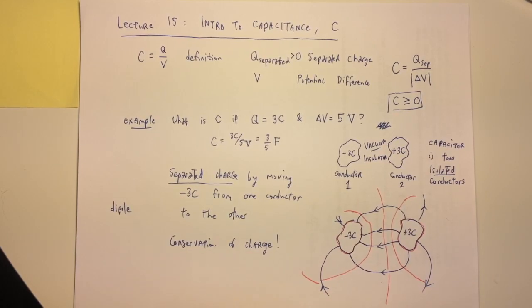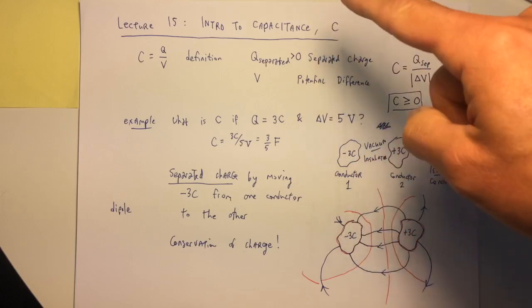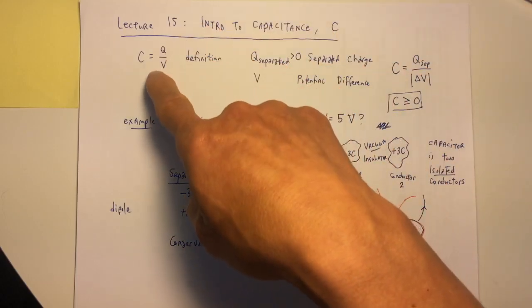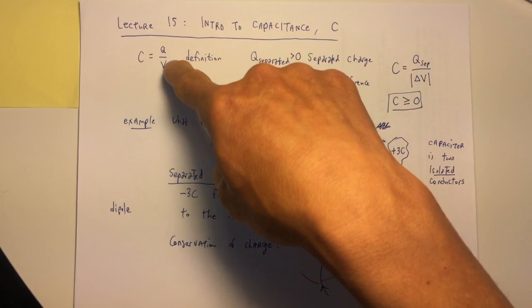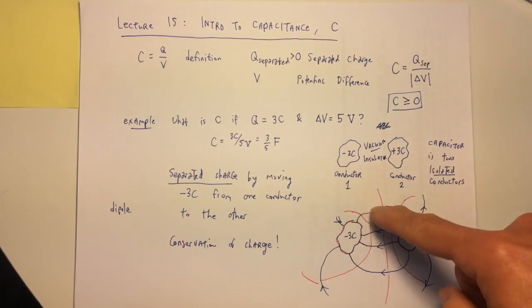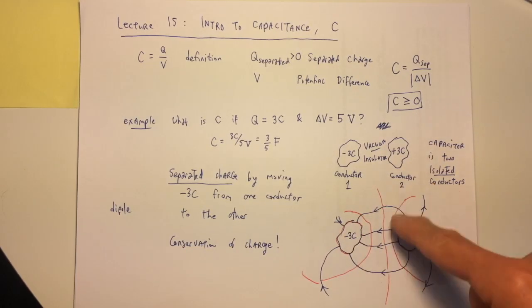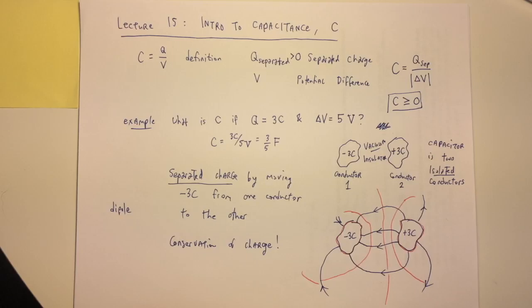So the thing is this capacitor idea is just a definition, charge separation divided by voltage, that sits on top of all of your previous ideas about electric force and electric field, equipotential surfaces, the value of the potential.